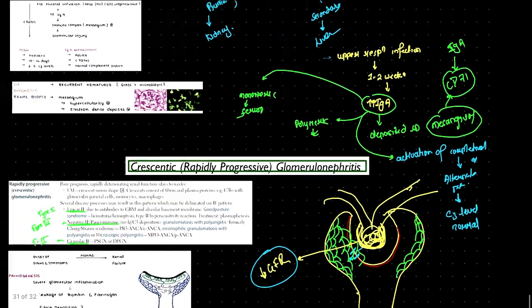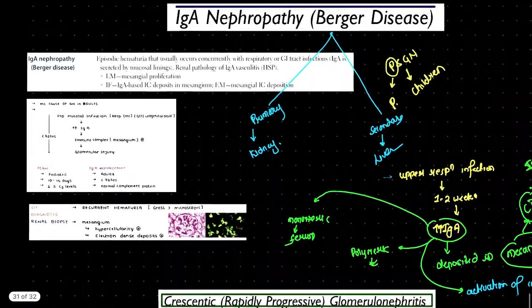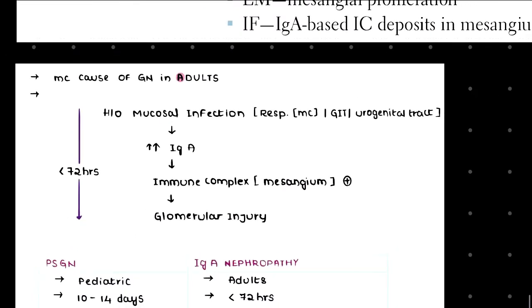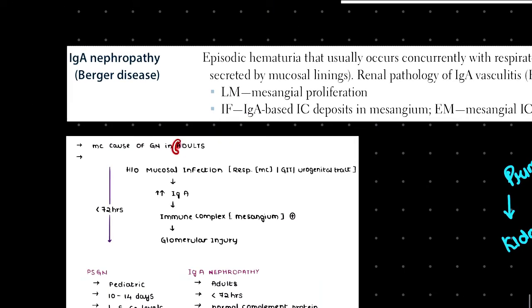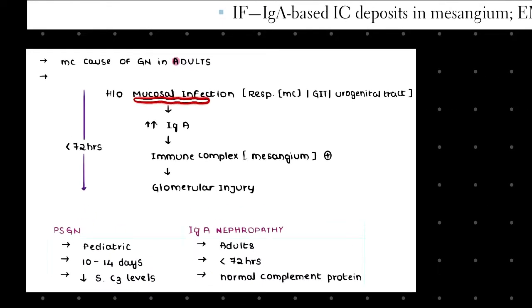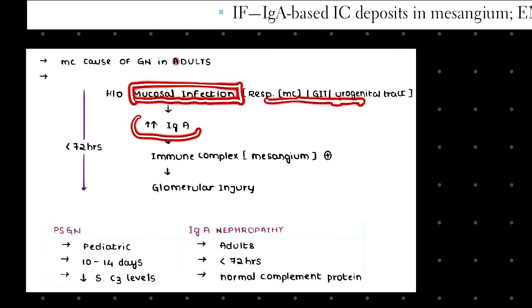Now let us move toward the thing that we mentioned. Right here you can see what was going on. We said that this was the most common cause of glomerulonephritis in the case of adults. Yes, B means big, big means adult. Here there was mucosal infection, upper GIT infection, that will cause an increase in IgA level in serum.